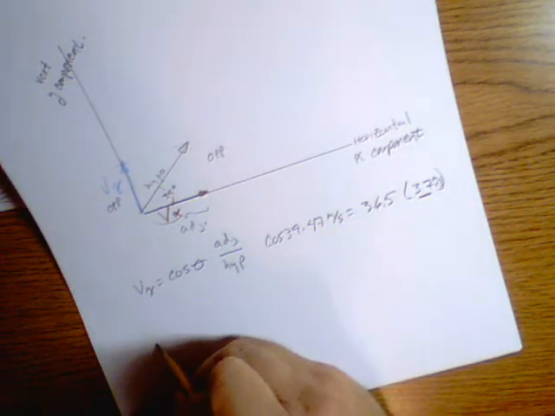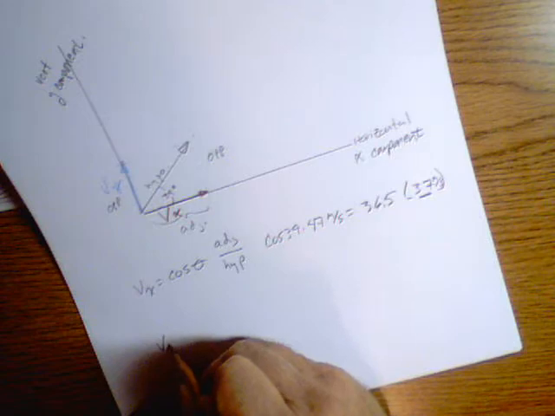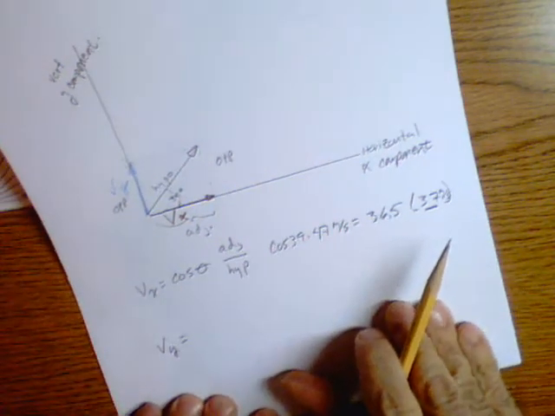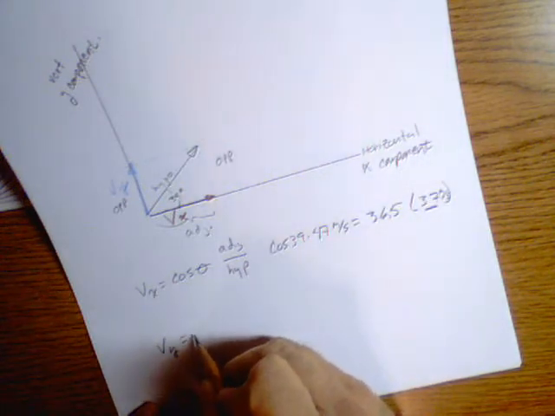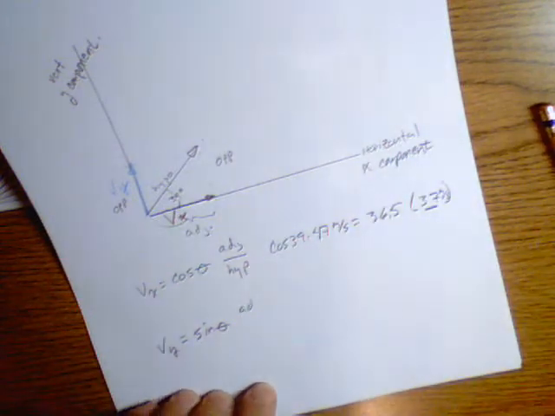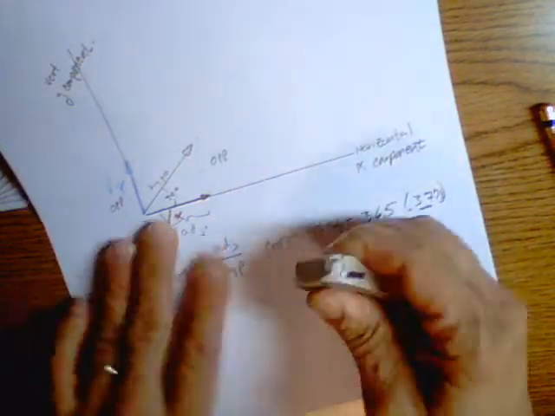And then we could do the same thing for the vector y, but because we're projecting onto the y-axis, we will use sine instead of cosine, and this is not adjacent, is it? It's opposite. This is a different equation.